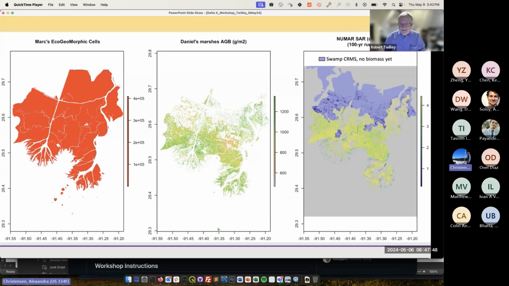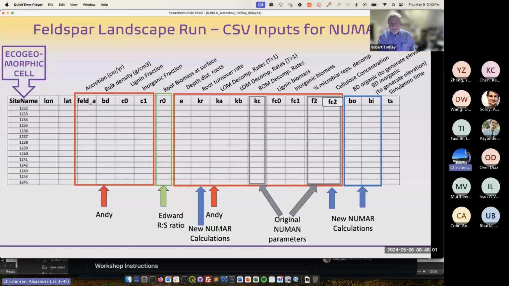And you take the E value, take the values of surface deposition from our feldspar, populate cells based on those measurements, and then you get a map that gives you accretion rates. And here's your lookup table. So again, you have each cell, each pixel here on the left, and then you just populate those parameters in each cell based on whatever information you have available to you that gives you those landscape definitions.